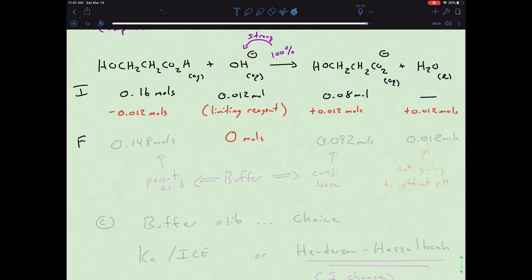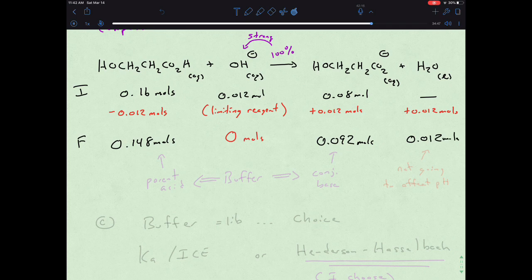So in terms of the final set of mole values that we have after the reaction is complete, we have 0.148 moles for our glycolic acid that's left over. We have no moles of the hydroxide, it's been completely neutralized. We have 0.092 moles of our glycolate, and then we would have 0.012 moles of our water.